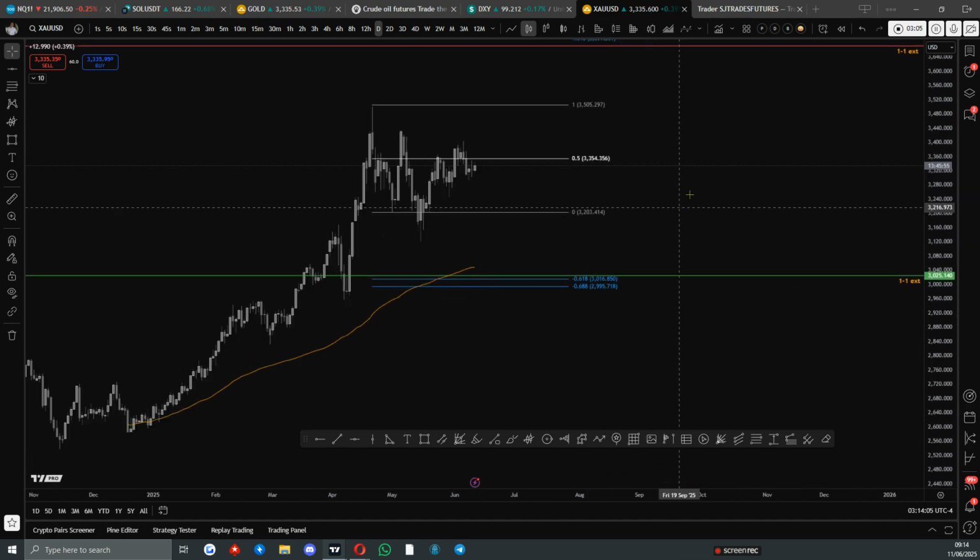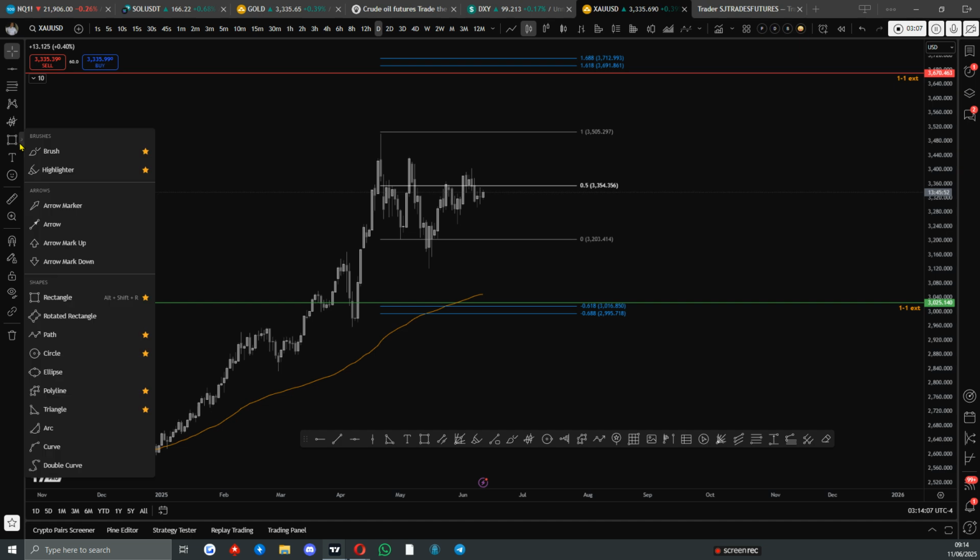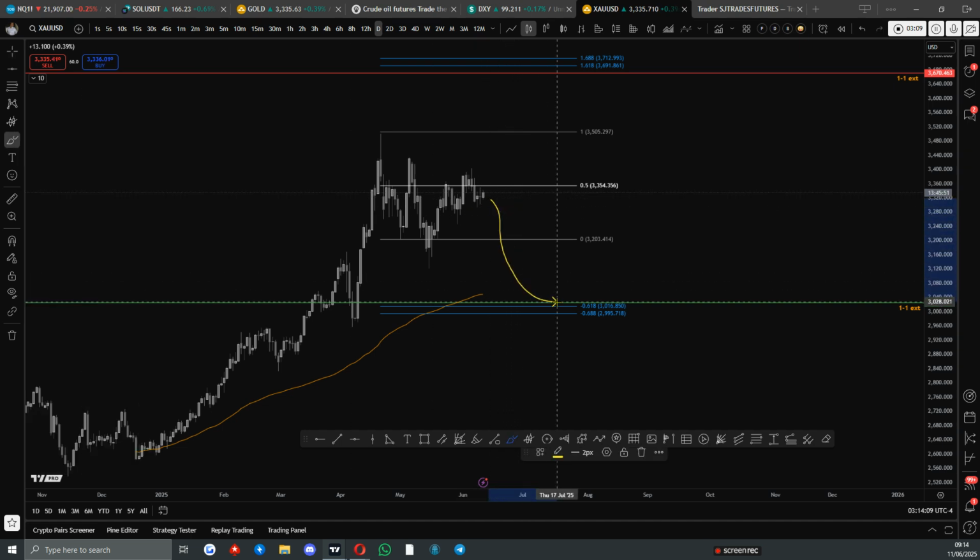That doesn't necessarily mean we're just going to landslide all the way down here. But it does mean that we have many confluences at this level, in the scenario that we get some rejection, some big hot news, economic event, etc. You can see how we can very quickly find ourselves sitting down at $3,000.